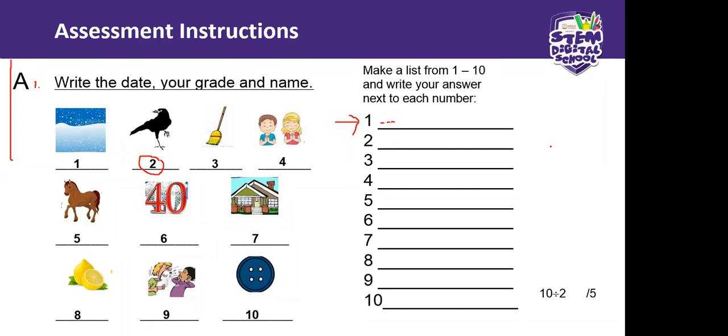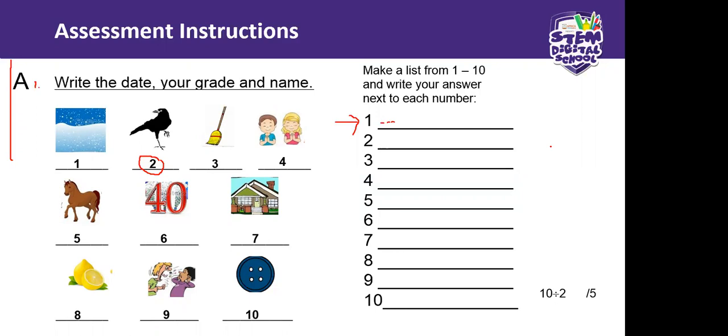I'll give you 5 minutes to do this, okay? You write nicely and neatly, and you don't have to rush.